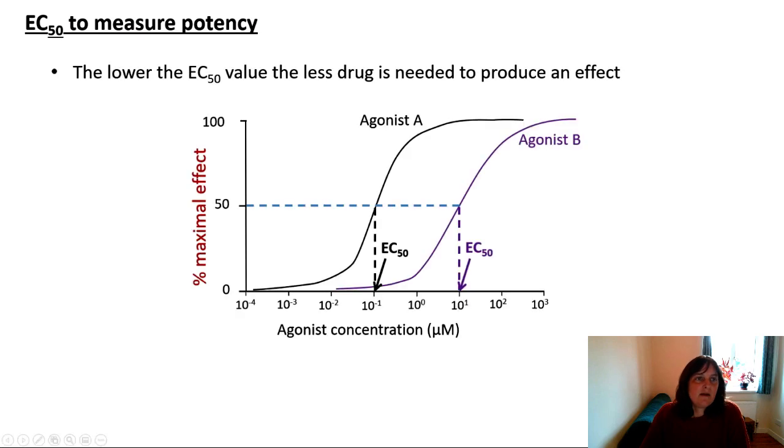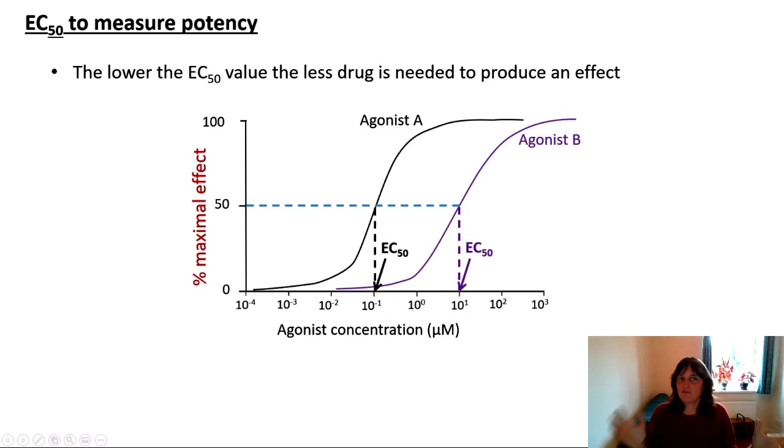So let's have a think about EC50 values to measure potency. Looking at this graph here, we've got agonist A, and you can measure its EC50, its potency, from this graph. And agonist B will have its own EC50, which again you can measure from the graph.